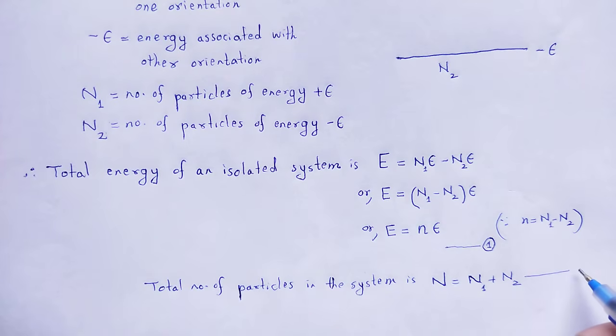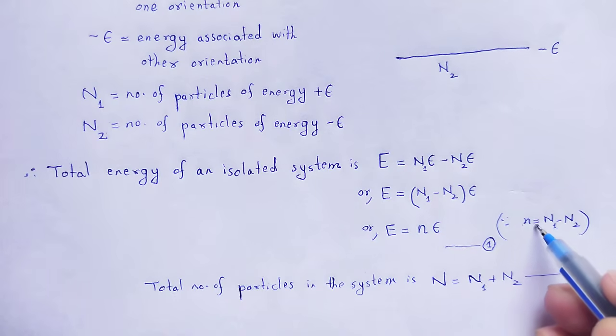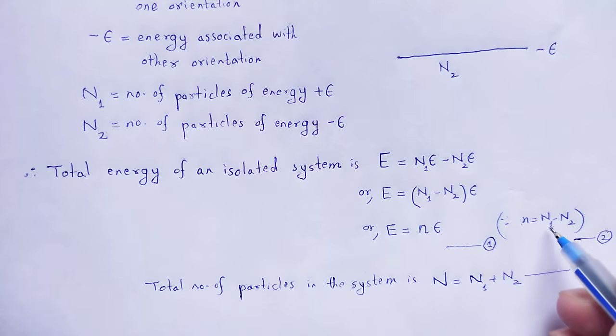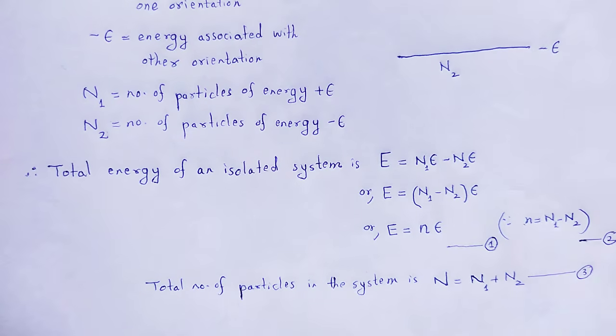This is equation number 2. And N1 minus N2 is equal to small n, as equation number 3.